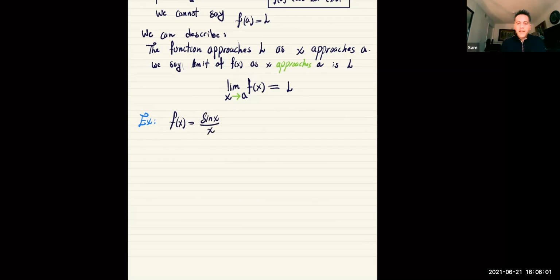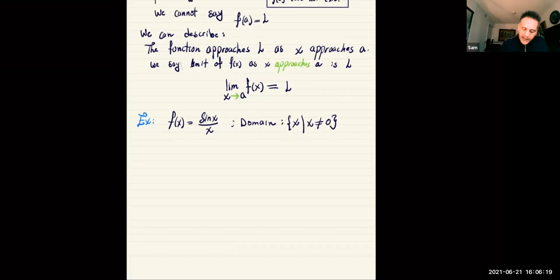Note that again, the domain of this function is anything but 0. The domain is the set of x values such that x can't equal 0, which means that f of 0 does not exist.